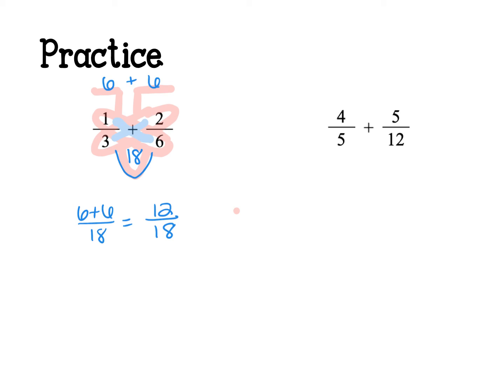In the next one, the numbers 5 and 12 are a little bit larger. I'm going to use the multiples method. Now, like I said before, you could use any method you want for any of these problems, as long as you get an answer that's an equivalent fraction.